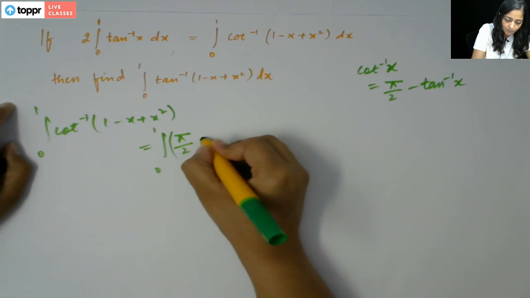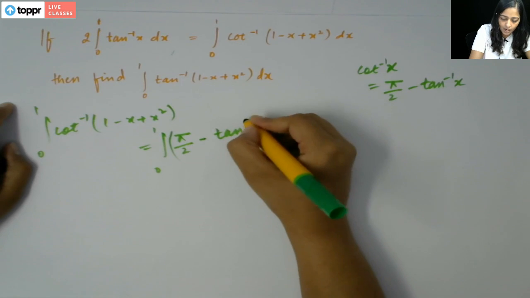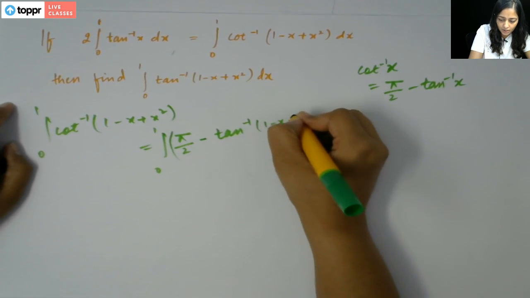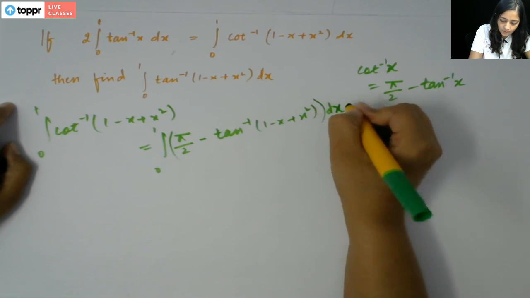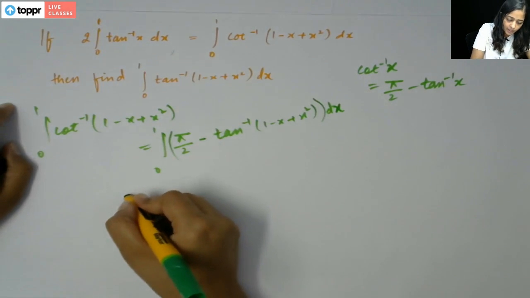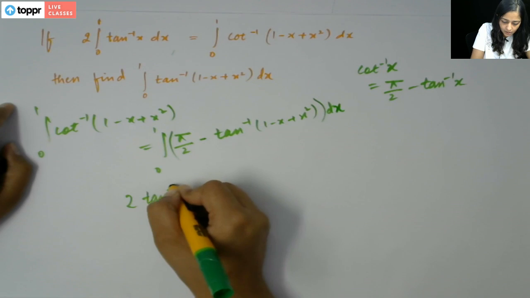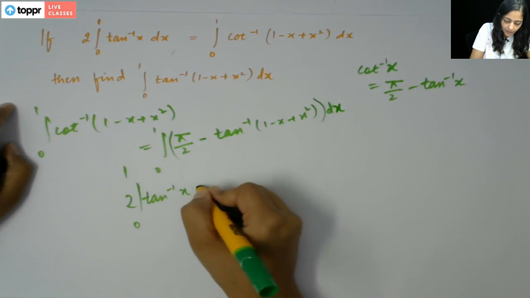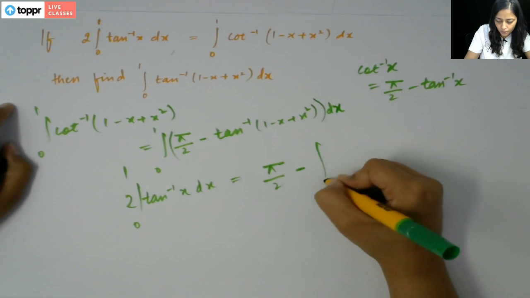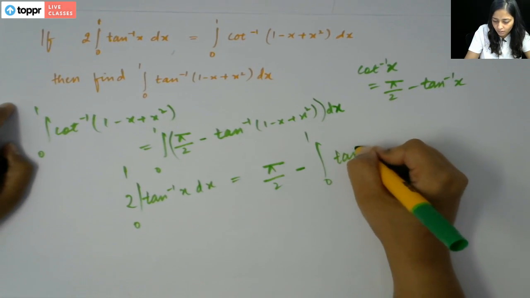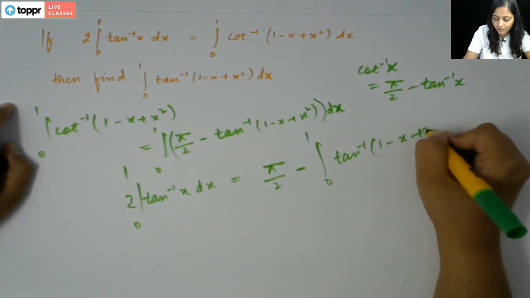So we can write the integral from 0 to 1 of cot inverse of (1 - x + x^2) dx as the integral from 0 to 1 of pi by 2 minus tan inverse (1 - x + x^2) dx. So I get 2 times the integral from 0 to 1 of tan inverse x dx is equal to pi by 2 minus the integral from 0 to 1 of tan inverse (1 - x + x^2) dx.